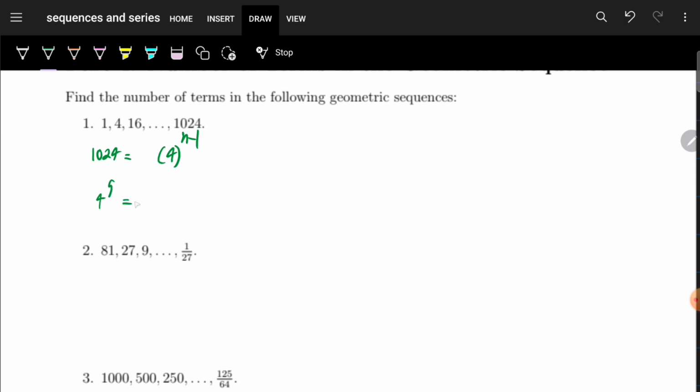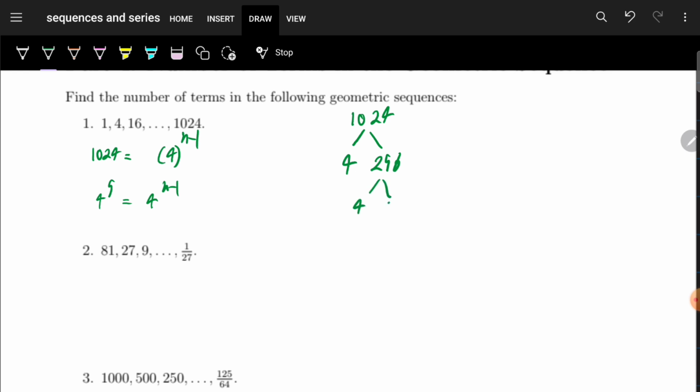If you didn't know that 1024 was 4 to the power of 5, how could you do this? Well, same way as we did in the original problem. You can do the prime factorization, well, not quite the prime factorization. You have to keep dividing this by 4 because we want the base to be 4. So we would take 1024 divided by 4. That's going to give me 256. I'm going to divide that by 4 again.